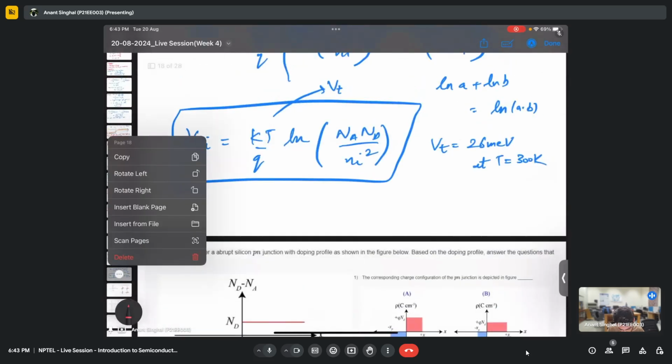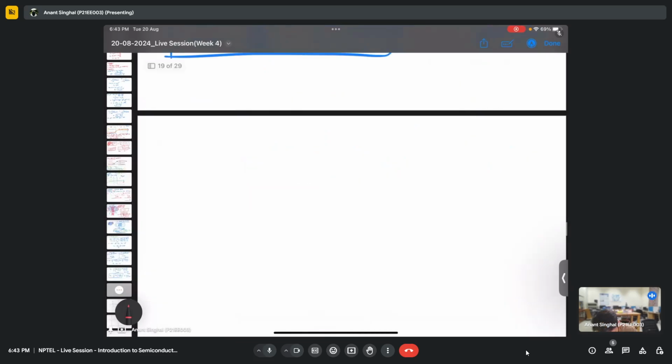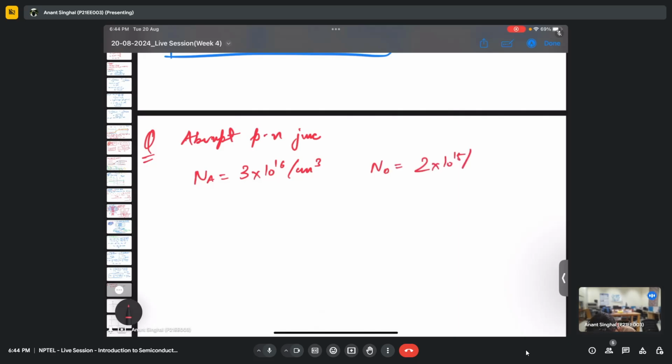So if this is clear, then we can have a very quick calculation of Vbi. Maybe I can give you a question. Let's say we have an abrupt PN junction having the P side doping Na given by 3 times 10 raised to 16 per centimeter cube, and Nd for the N side which is 2 times 10 raised to 15 per centimeter cube, at T equals 300 Kelvin.